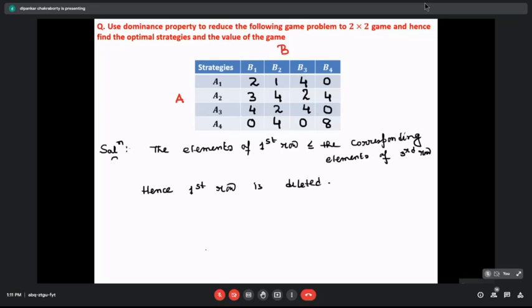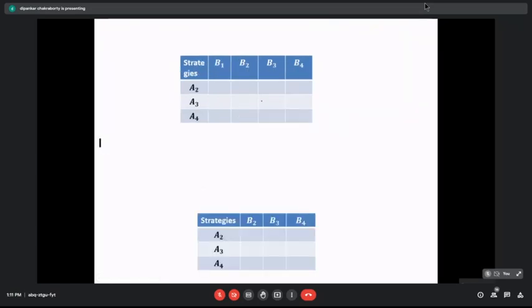So the resulting matrix is 3 cross 4, right? Initially it was 4 cross 4, we have deleted one row, so now it is 3 cross 4. So A will be deleted and the rest will be there: 3424, 4240, and 0408.